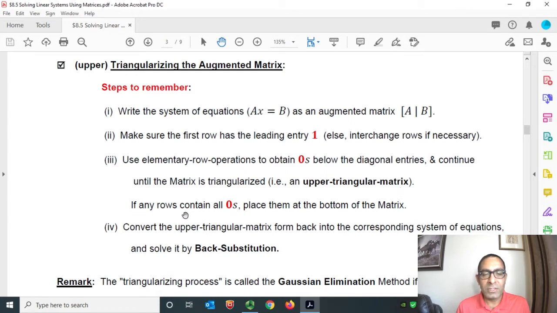If any rows contain all zeros, put them at the bottom of the matrix. Step 4: convert the upper triangular matrix form back into the corresponding system of equations and solve by back substitution. Again, we learned the back substitution technique in our previous class.